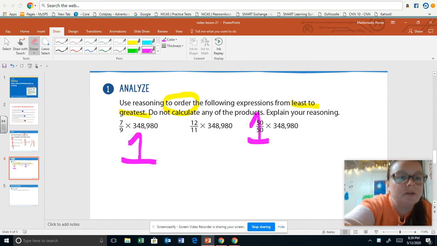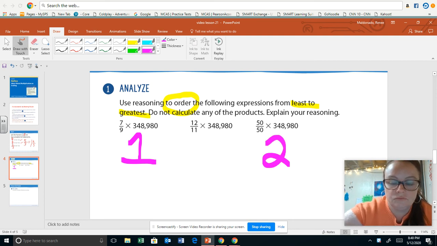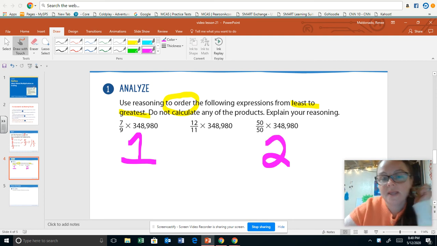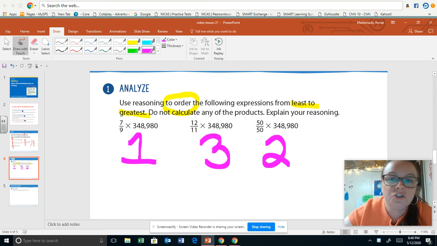So I know that one would come next. Okay? And the greatest one here is going to be the one that is an improper fraction, because 12/11 is greater than a whole, which makes my product increase and go up. Okay? So if I put them in order least to greatest, this would go first, then this expression, and then finally this expression. Okay? Awesome.